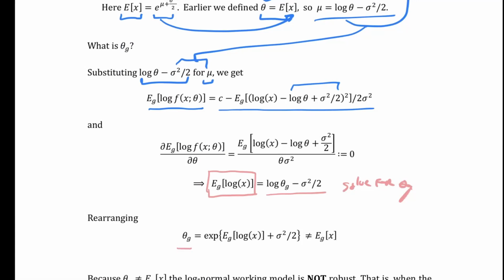So theta g is equal to e to the expected value of log x plus sigma squared over 2. And I can't pull the log out of the expected value because of Jensen's inequality. If I could, they'd be equal. So this is definitely not equal to this thing.